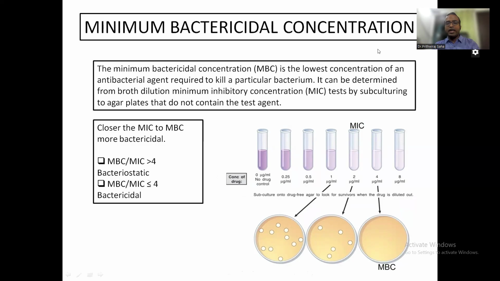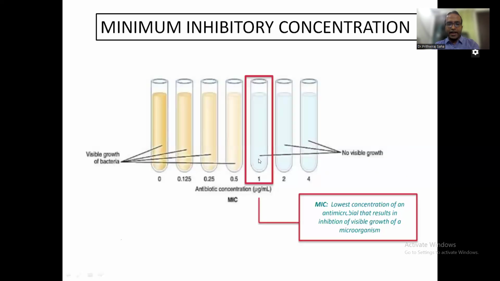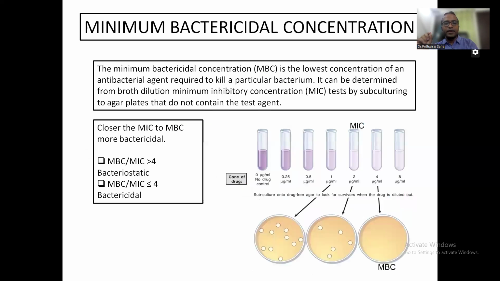Now in the previous slide, if we had taken 0.5 ml of this mixture out of the test tube and grown it on a petri dish containing culture media, then the bacteria would have grown, because that petri dish is free from the antibiotic, right? So this doesn't mean that the bacteria has become dead.